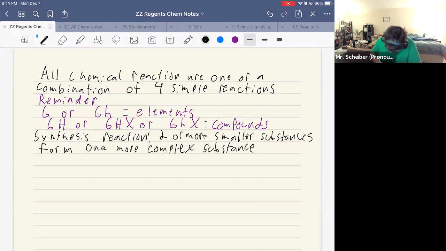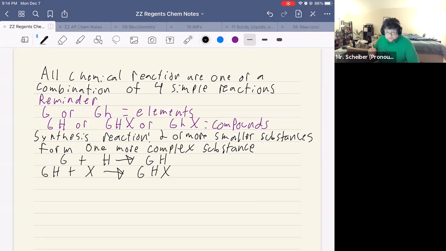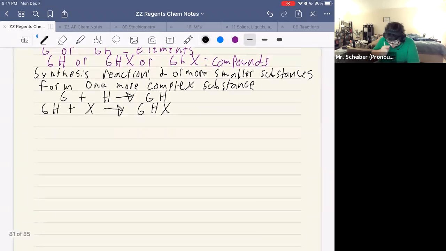Okay, so that could be G plus H going to GH, right? Or it could also be GH plus X going to GHX. The point is that it always forms just one product.